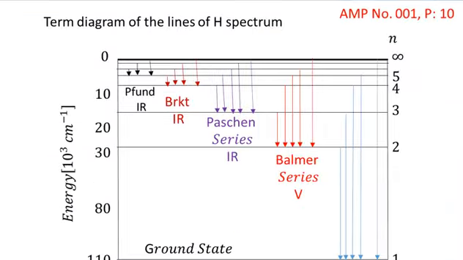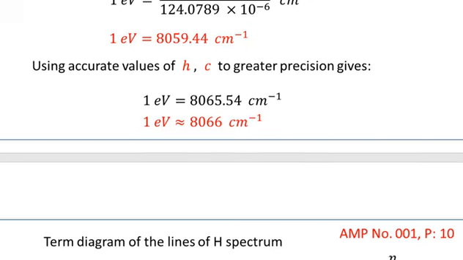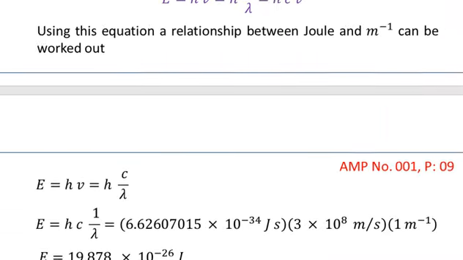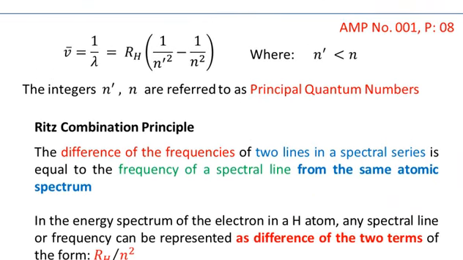Now we are coming to the term diagram of the lines of the hydrogen spectrum. You see that I have this quantum number n. In this formula, you can identify the value of n appearing in the second term, and n prime appearing in the first term.